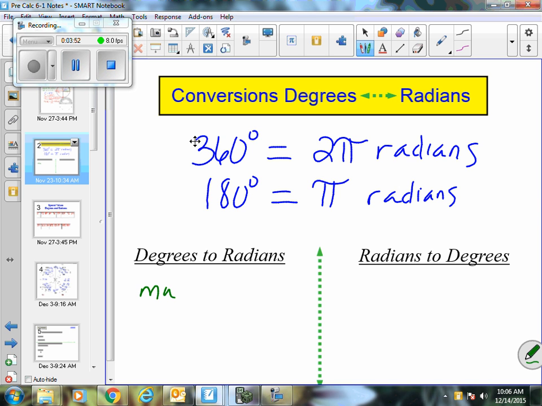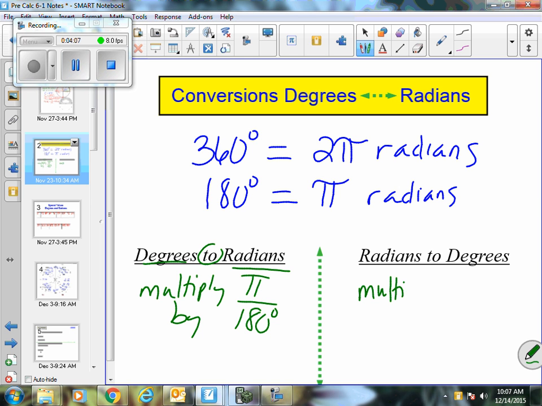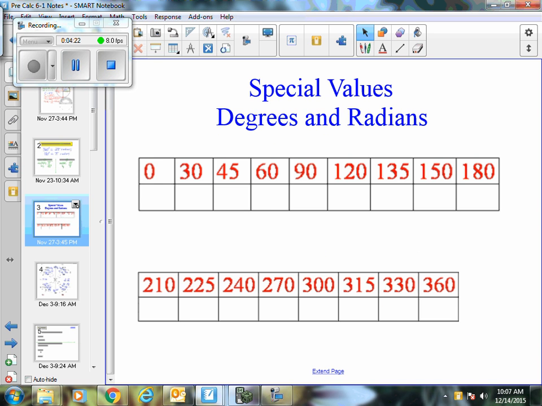So if you want to go from degrees to radians, you're going to multiply by your conversion factor of pi radians to 180 degrees. Just like going from miles per hour to feet per second, you're going to have to multiply by your conversion factors. Going the other direction, we're going to degrees, 180 over pi. So we can go both directions. So when we're doing our conversions, we just need to go back and forth and see what that would be in radians. Now, we're going to do that then for our special values.